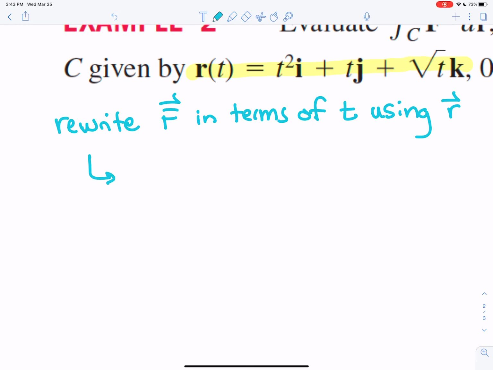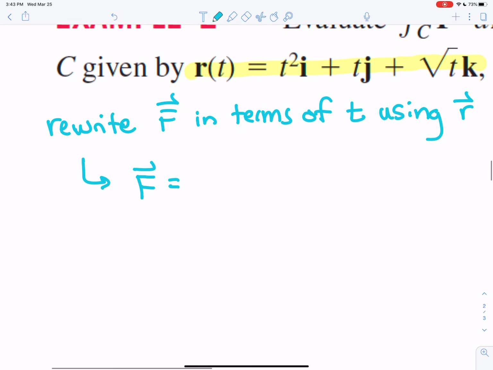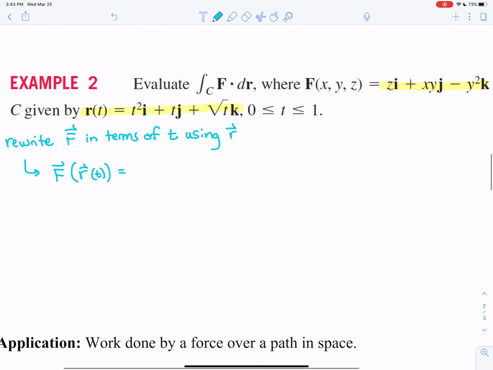So F in this case now becomes, let me rewrite it this way, F of r of t, so in this case z i, so we plug in the z component of our curve.